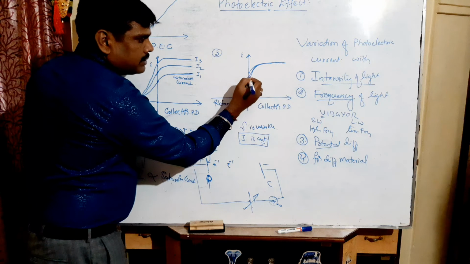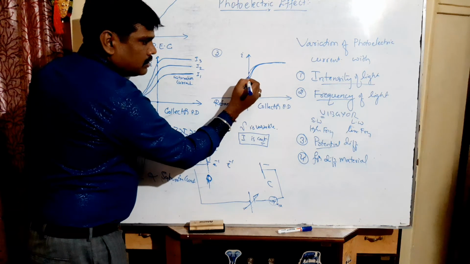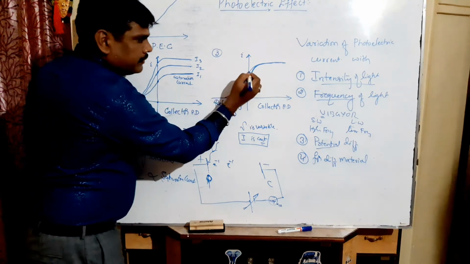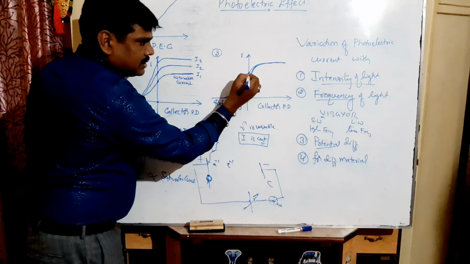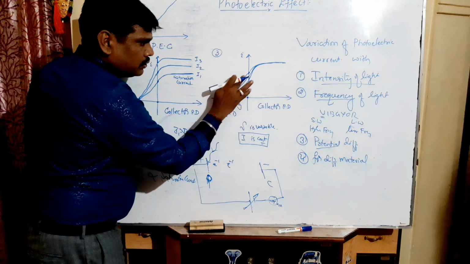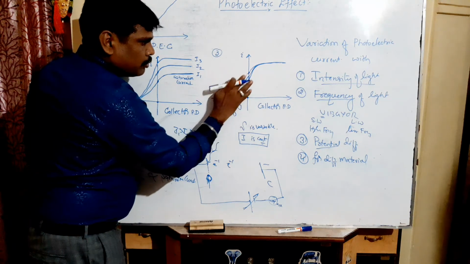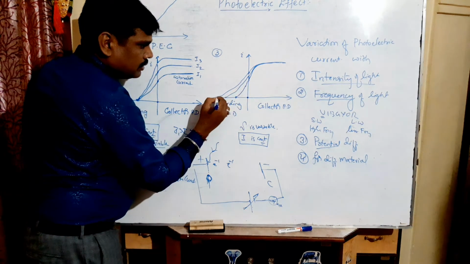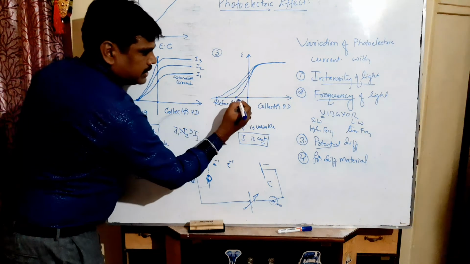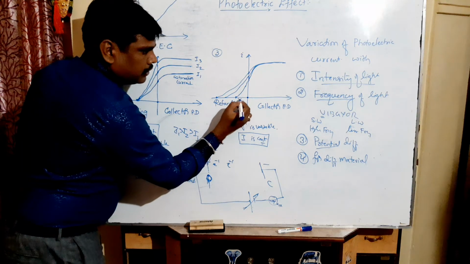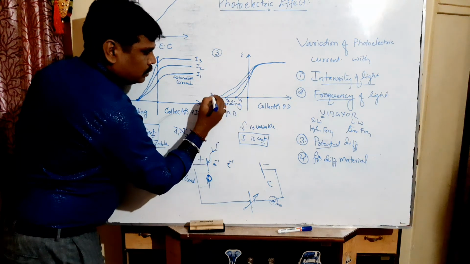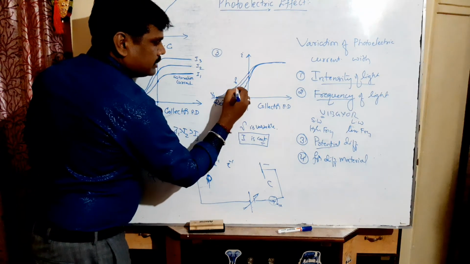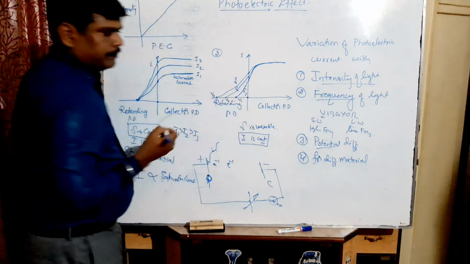For the next frequency, the stopping potential increases like this. If the frequency is further increased, the stopping potential is also increased. So this is the stopping potential V1 for nu1, V2 for nu2, V3 for nu3.